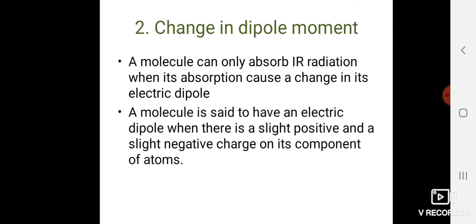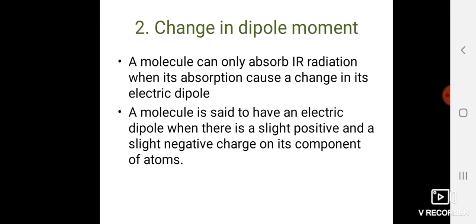Then we come across a change in dipole moment. Change in dipole moment is when a molecule absorbs the radiation, and that causes a change in the electrical dipole. As we know, most naturally occurring organic molecules are dipolar in nature because of the presence of different atoms of different elements having electronegative and electropositive nature.